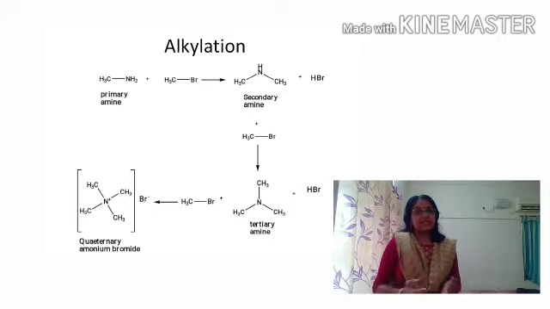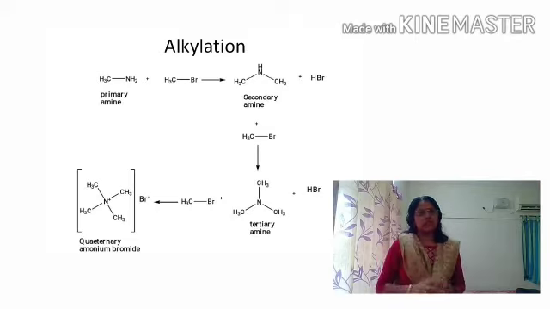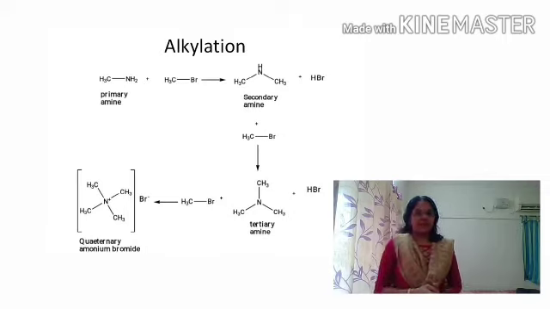After getting the secondary amine, it again undergoes alkylation because there is one more hydrogen atom in the secondary amine. So when a secondary amine undergoes alkylation, it results in the formation of a tertiary amine. Again there is an elimination of a hydrogen halide.